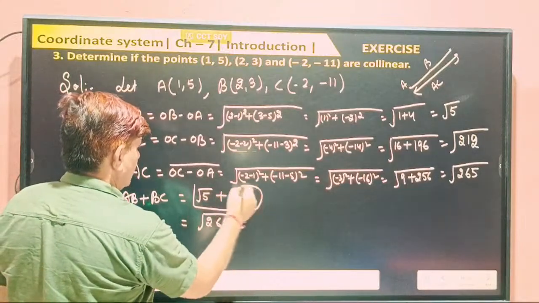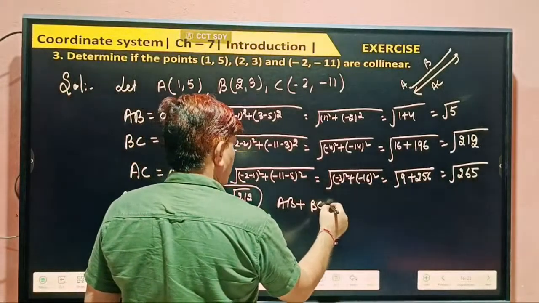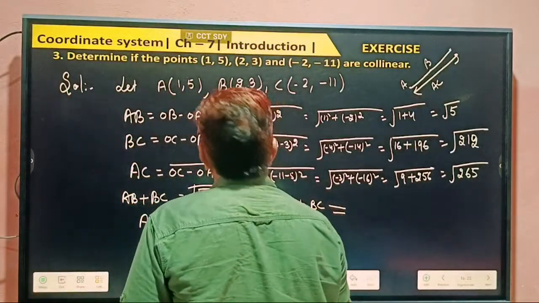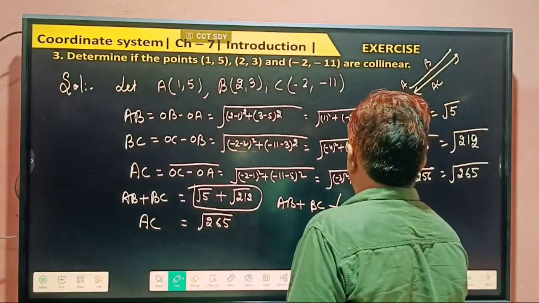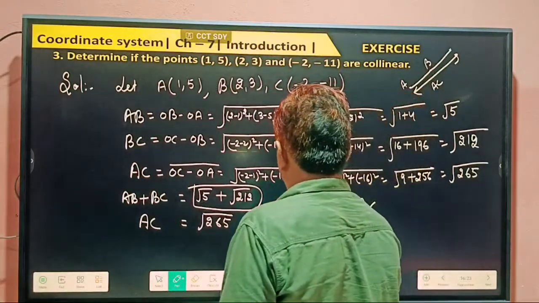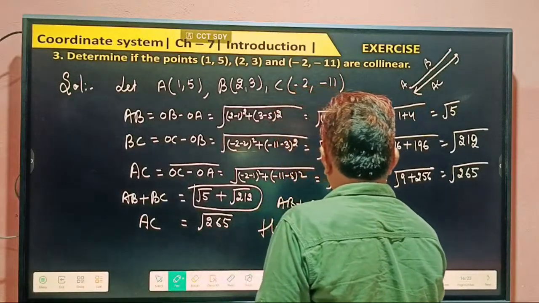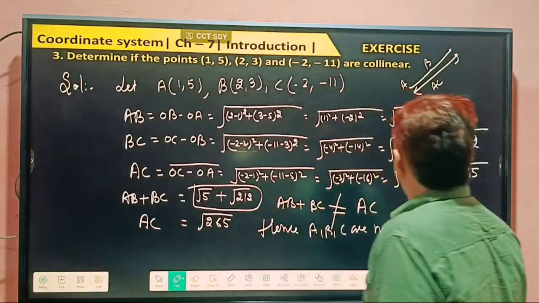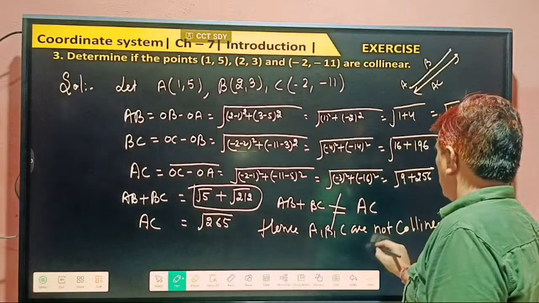So AB plus BC is not equal to what? AC. Hence A, B, C are not collinear. If not collinear, then what?